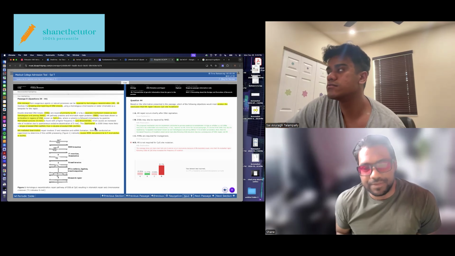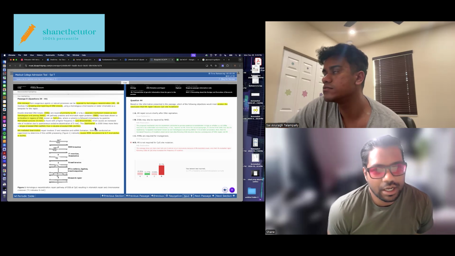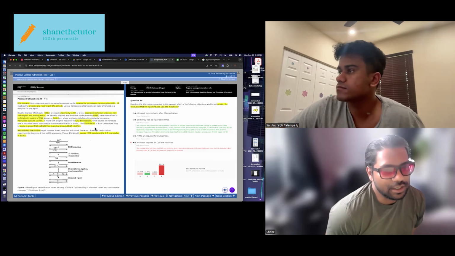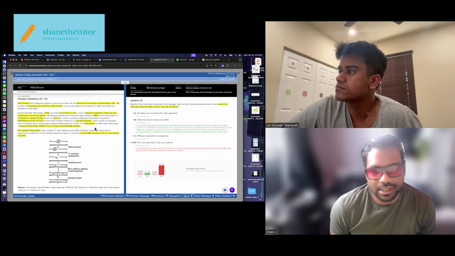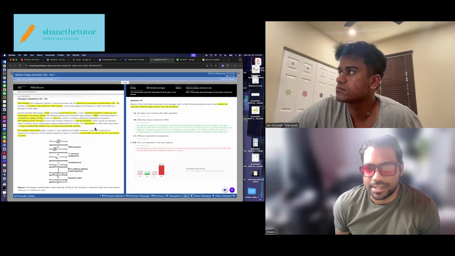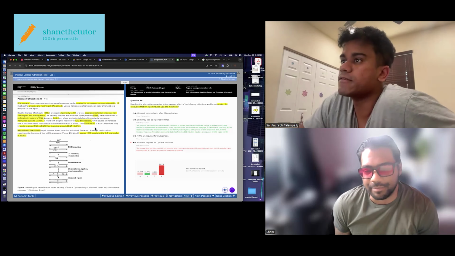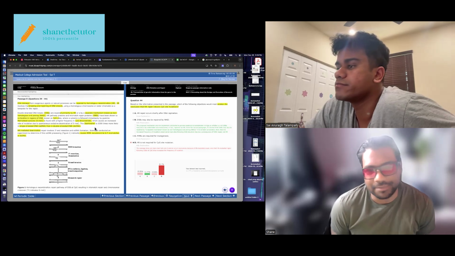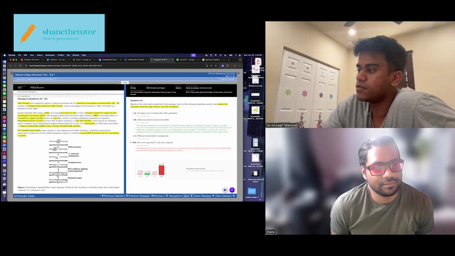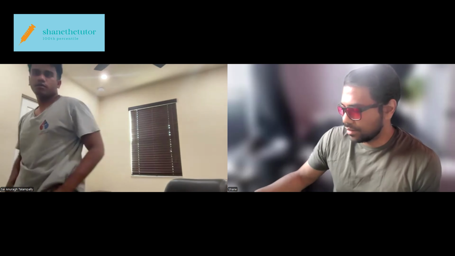But we're trying to see according to the passage what would weaken the conclusion that HR repair induces CPG site mutations. So we're trying to think, okay, what else could cause these site mutations, right? And it could be the NHEJ mechanism. Sounds good. Yeah. All right, cool. That was really it. All right. Awesome.